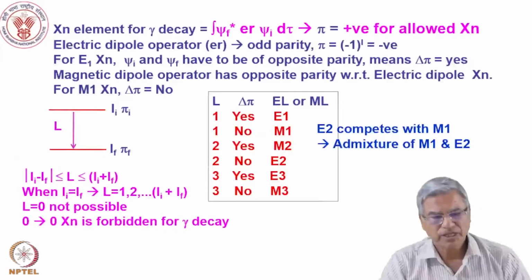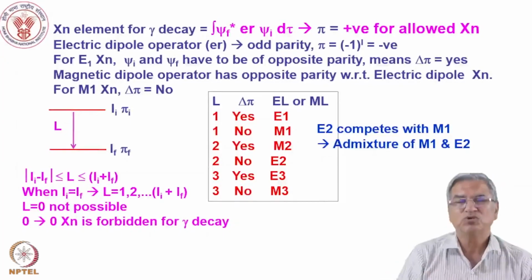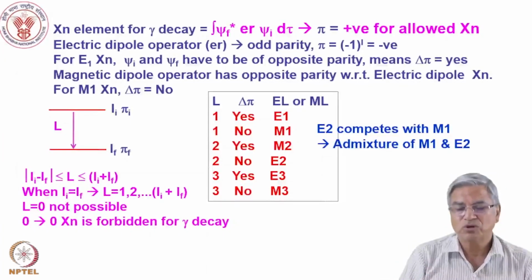Okay. So the selection rules for the gamma decay essentially are similar to the selection rules for optical transitions in molecules or atoms.